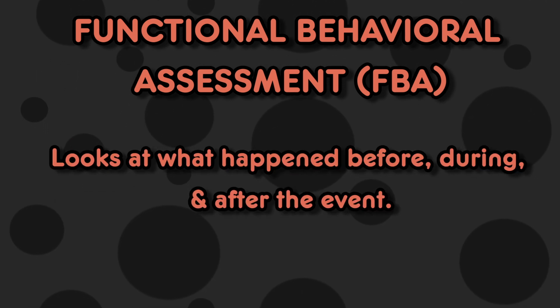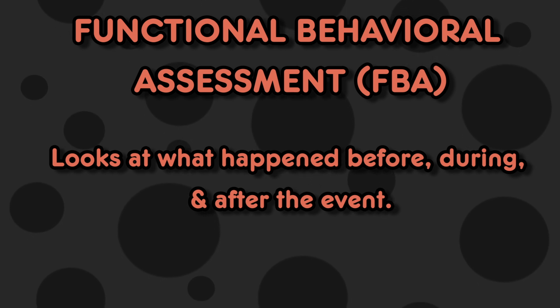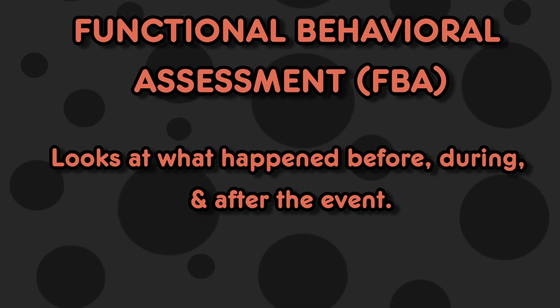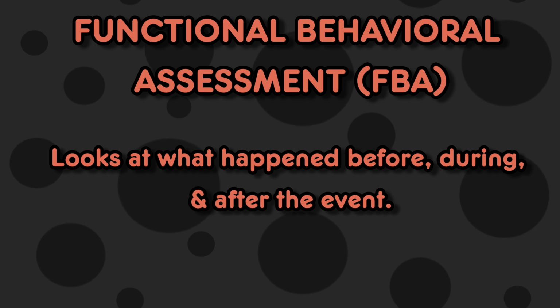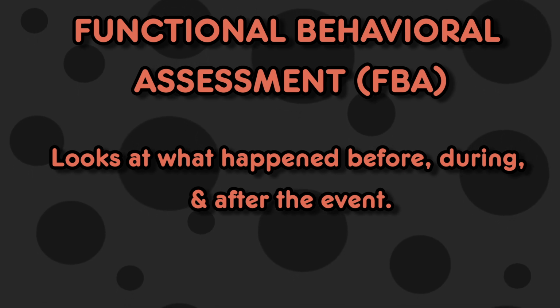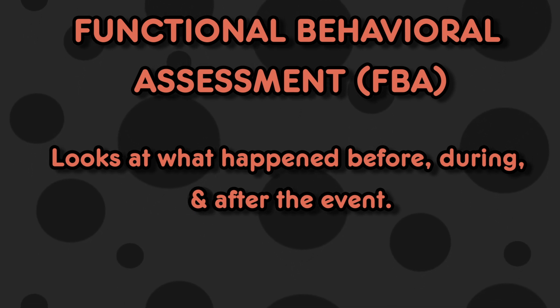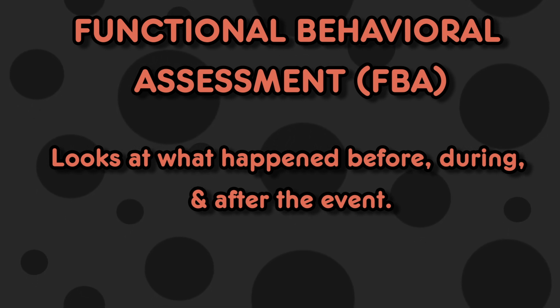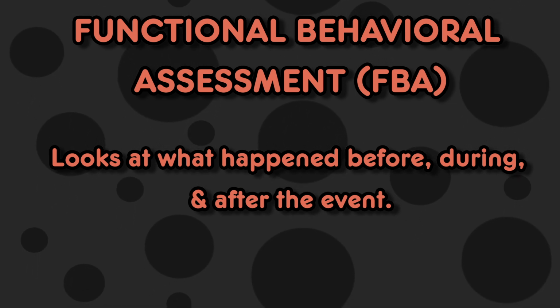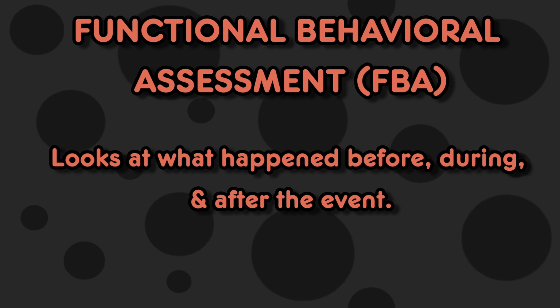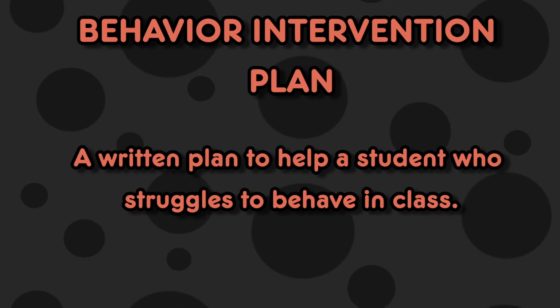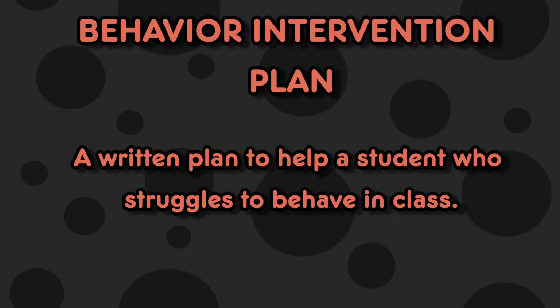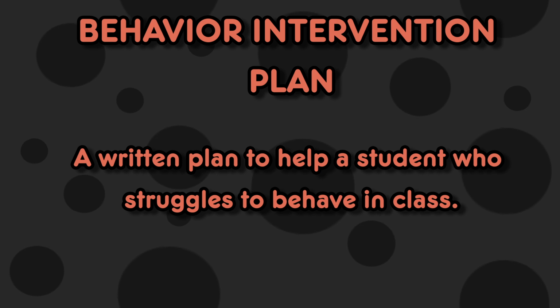Those assessments look and see what happened before the event, what happened during, and then what happened after. And they'll do an assessment on that, and it may take several weeks. And they'll have a result, and from that they will make what they call a behavior intervention plan. And then they will develop that plan and then implement that plan.